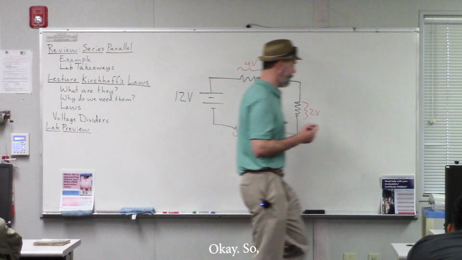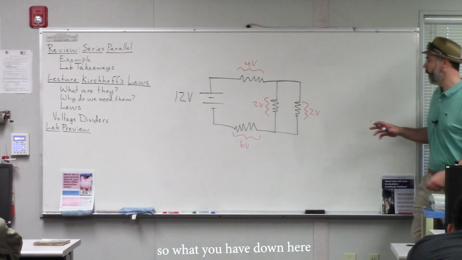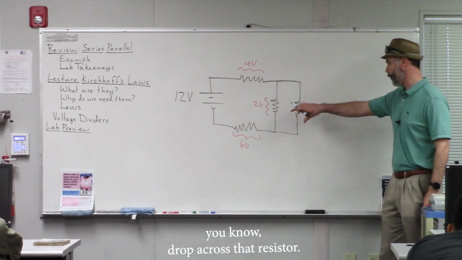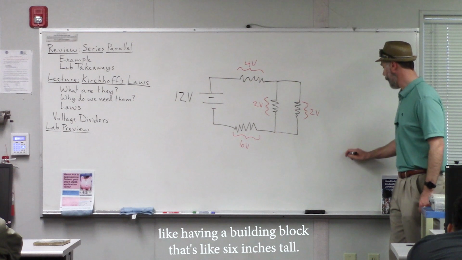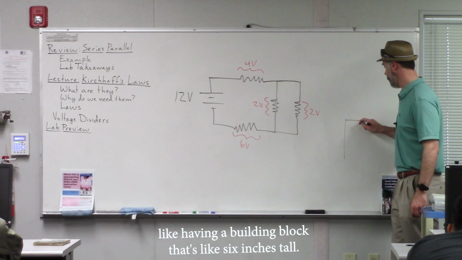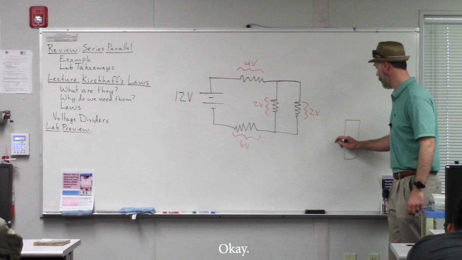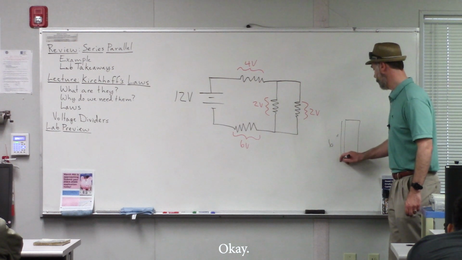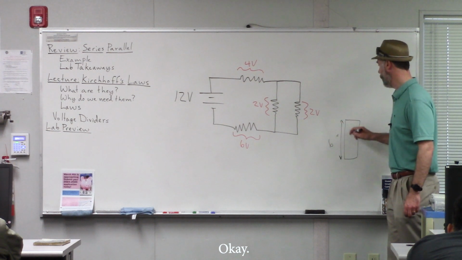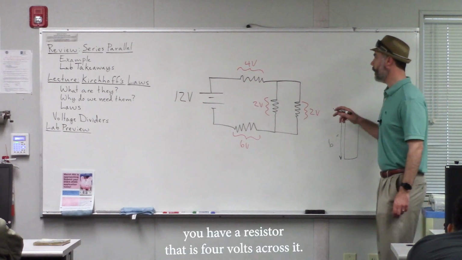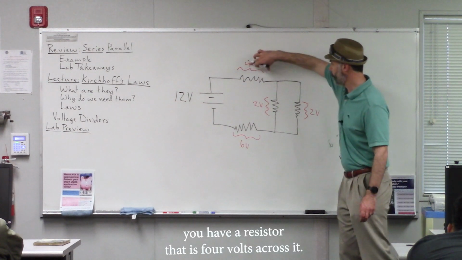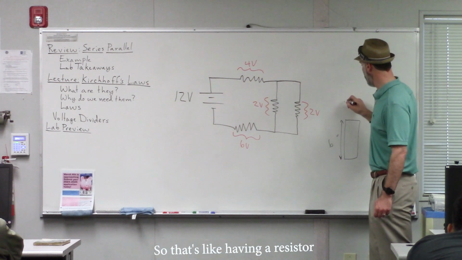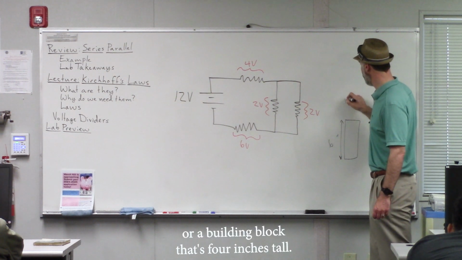So what you have down here at the bottom is you have a 6 volt drop across that resistor. So that's like having a building block that's like 6 inches tall, okay? And then up at the top, you have a resistor that is 4 volts across it. So that's like having a building block that's 4 inches tall.